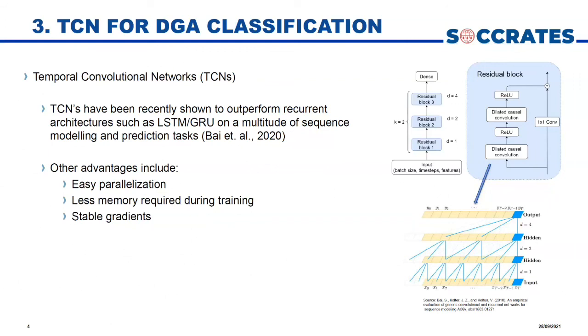And it has a bunch of other advantages because it's easy to parallelize, in contrast with the LSTMs, these kinds of recurrent networks. It does require less memory when you train the model, because in an LSTM, if you're at a certain node, you would have to wait for all its predecessors to be computed and only then compute its value.